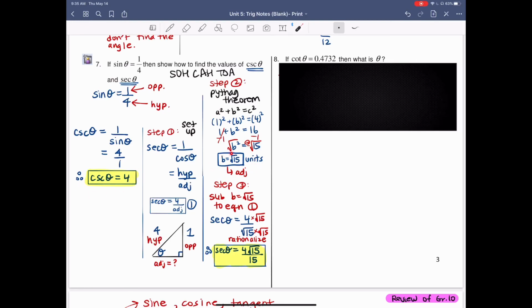Meanwhile, when it's a side length, yes, I did need to have the units. That's why it's really important that you are writing your units when there is a unit. Okay, do you get what I'm getting at? If it's a side length, yes, you do need to indicate the units.